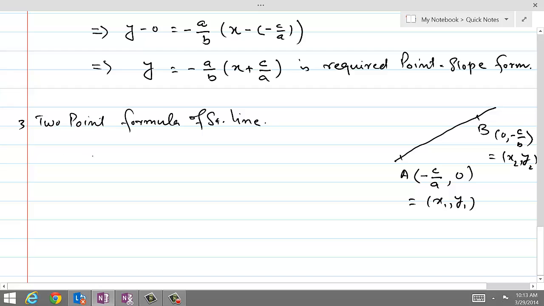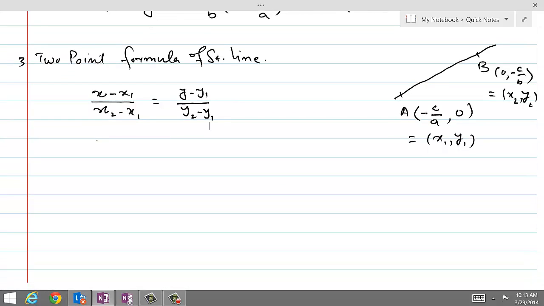Then the equation of a straight line with 2 points would be x minus x1 over x2 minus x1 equal to y minus y1 over y2 minus y1. And now it's just a matter of substituting the values of (x1, y1) and (x2, y2).